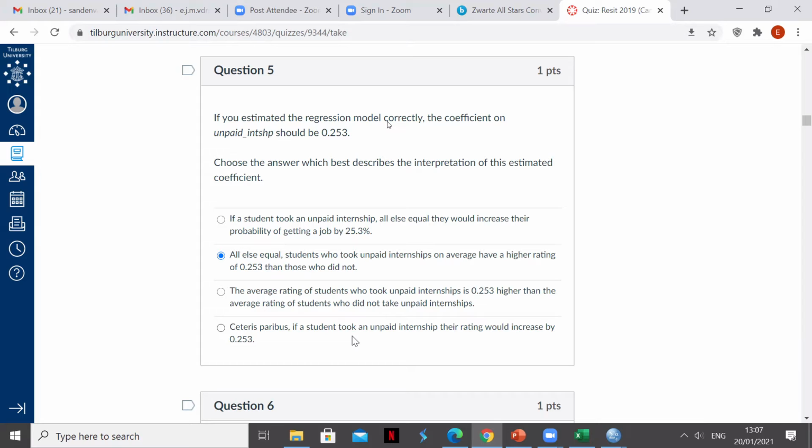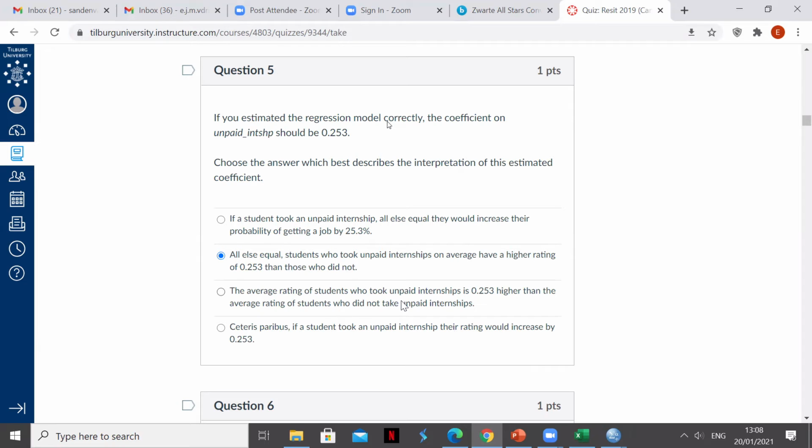That's also why I stressed there are always two important characteristics. Because this seems quite right. This number is right, it says ceteris paribus, the interpretation is right, but it's not enough. And the same is for this one, because the average rating of students who took unpaid internships is 0.253 higher than the average rating of students who did not take unpaid internships, which is correct. But it doesn't say ceteris paribus.